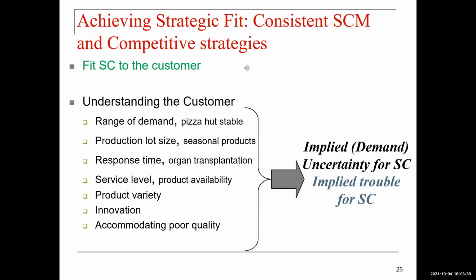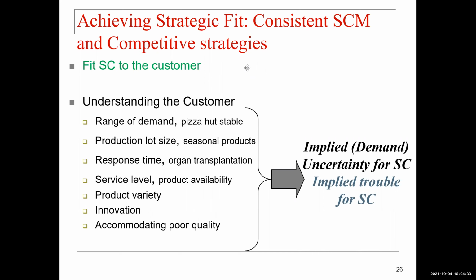If we think about an example like organ transplantation, you have a patient who needs a transplant, and you must make sure that when one becomes available, the person who needs the organ is also available, and you can match them quickly so you can do the transplantation successfully. Then there are service level, product availability, product variety, innovation, and accommodating poor quality.